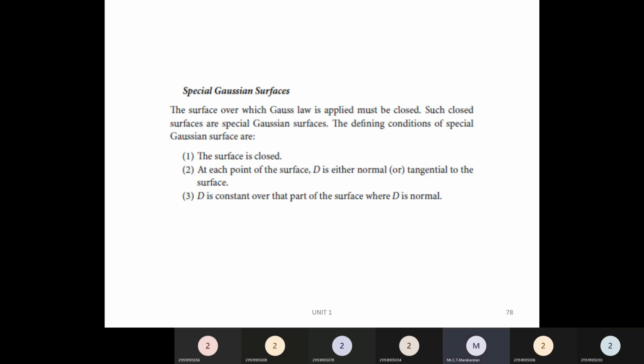And mostly the flux density is constant over the part where D is normal, so over that part the flux density remains constant.